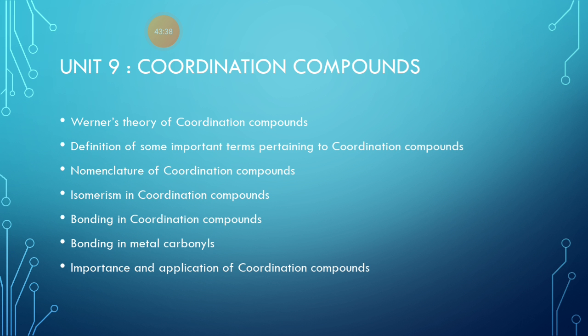And finally we are going to learn about the application of coordination compounds: what kind of complexes are used, where they are used, and what the requirement is for the formation of coordination compounds. That we are going to learn in this last point, importance and application.